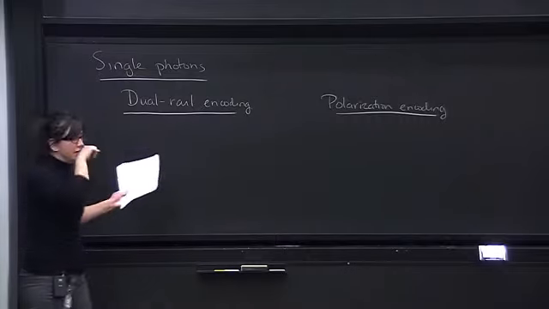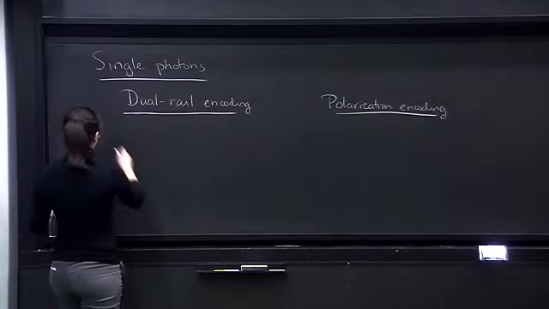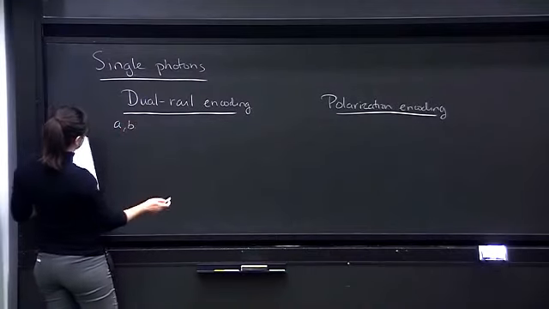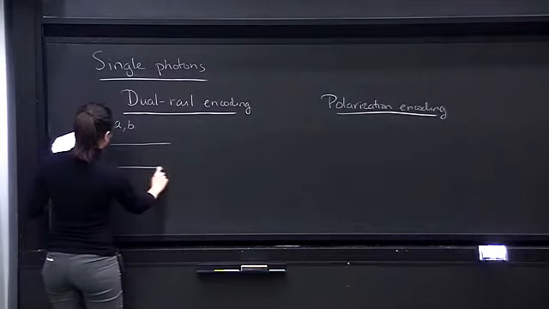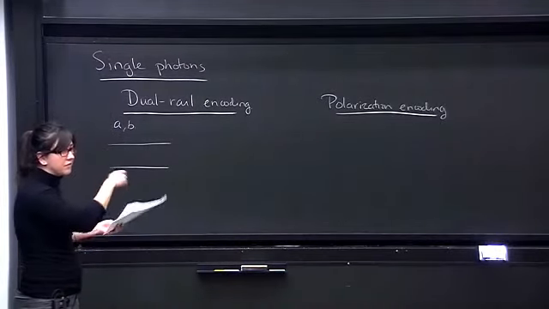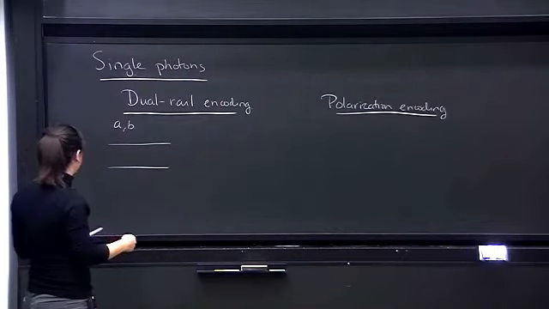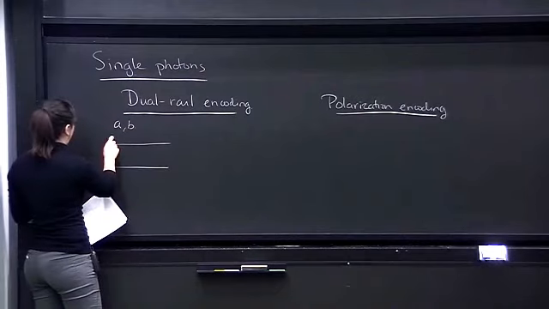In the dual rail encoding, we have 2 different spatial modes, A and B. These optical interferometers look very much like quantum circuits, so we have these qubits flying from left to right.